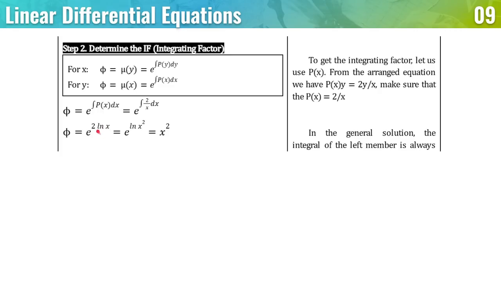So a property of ln is that anything multiplied to it can be rewritten as the exponent of what's inside. So 2 becomes the exponent of x, making it ln x squared. So now if you see e and ln, e is in the base and ln is on top, so you could just cancel them out and get only the exponent. So now it's going to be x squared.